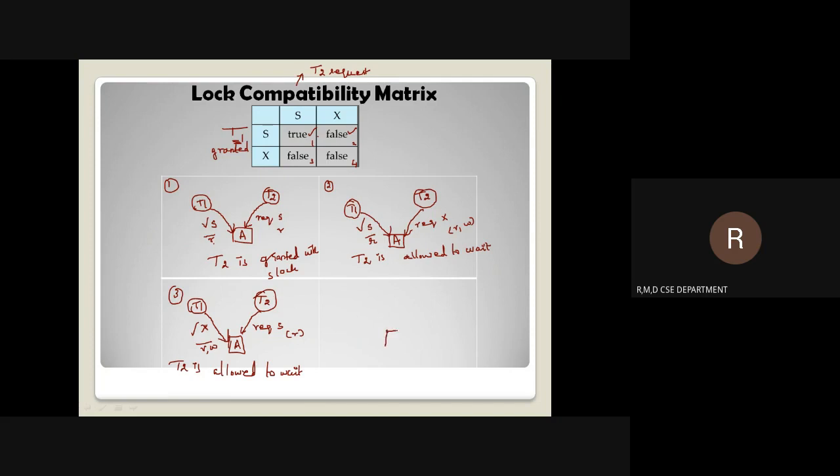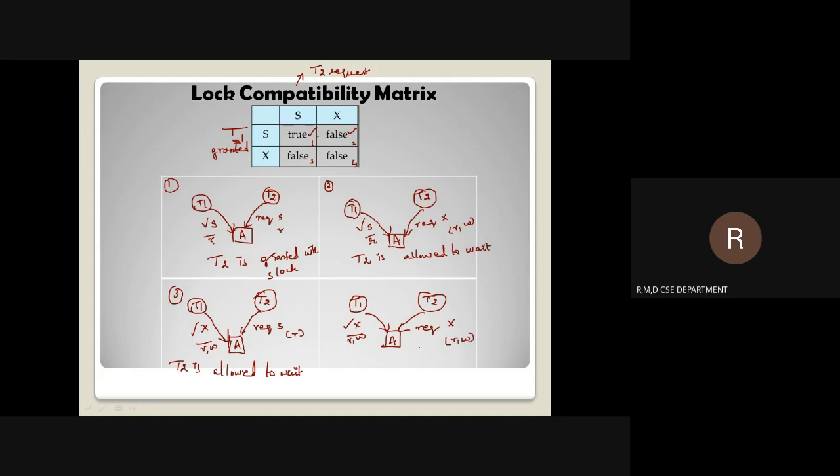Okay, and the last thing that you can understand is when a data called A is already locked by T1 in exclusive mode, with which it is performing both read and write operations. If another transaction T2 requests for an exclusive lock, as you know, it won't be granted. Why?